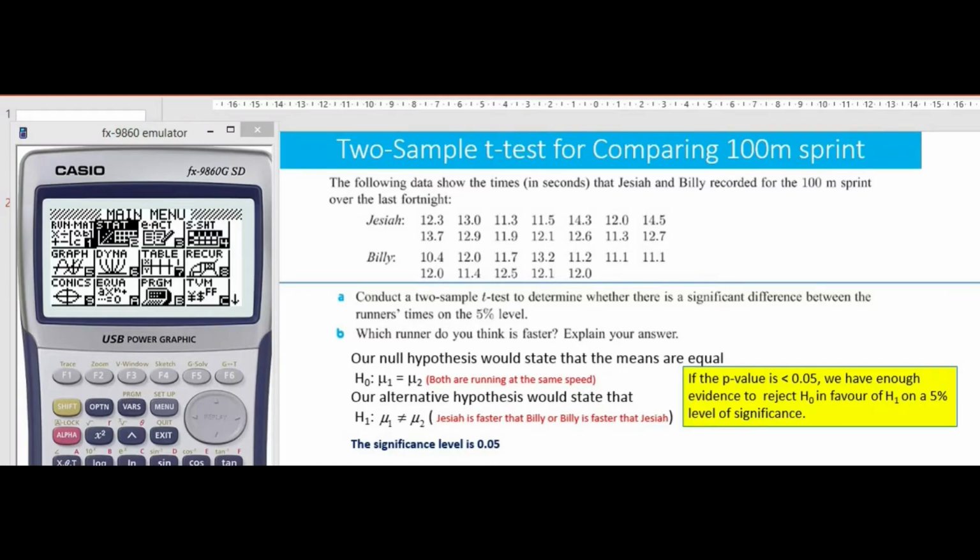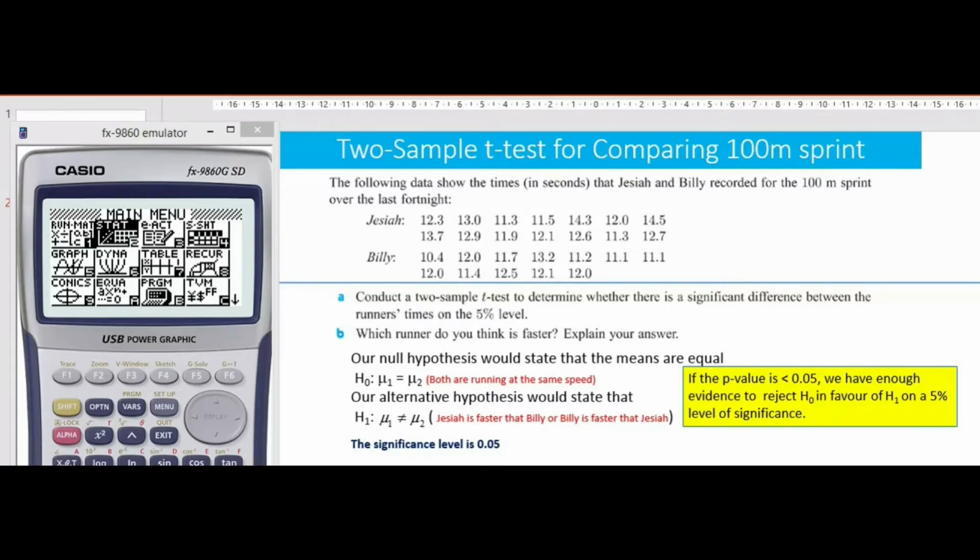The significance level which we are using in this question is 0.05, usually stated in the examination. If the p-value is less than 0.05, we have enough evidence to reject H0 in favor of H1 on a 5% level of significance.